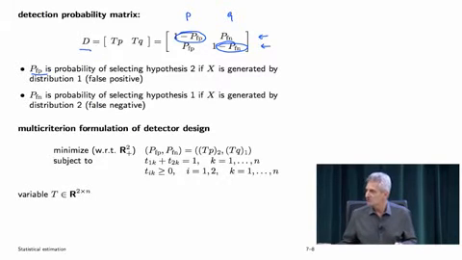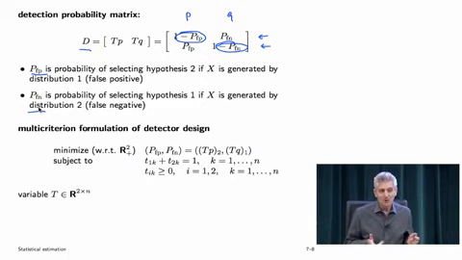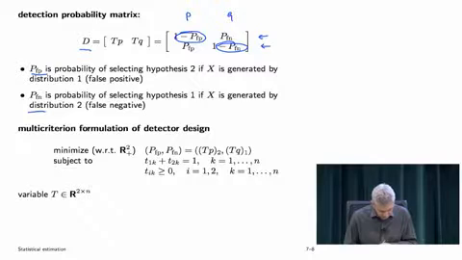You're saying it's from distribution 2, but in fact it was from distribution 1. And of course, what you'd like is for both of these to be 0. I mean, you want this matrix to be I, the identity, right? Oh, there's another name for this. I think some people call it a confusion matrix.